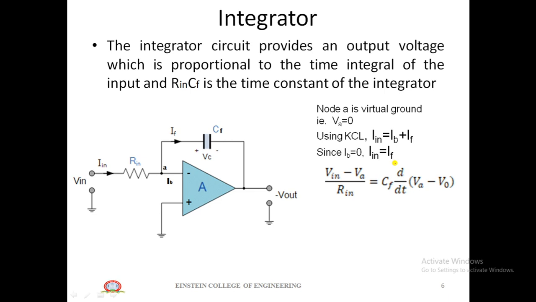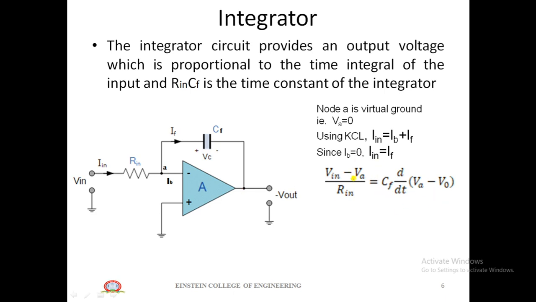Here we can write the equation. For the input current value, it is V_in minus V_A divided by R_in. And the current flowing through the capacitor can be written as C_F d(V_A minus V_0), the output voltage, divided by dt.